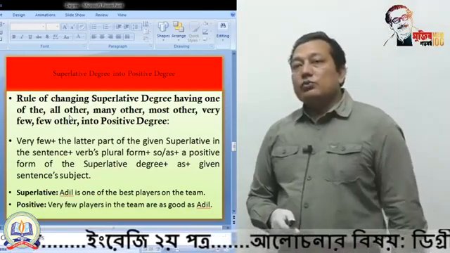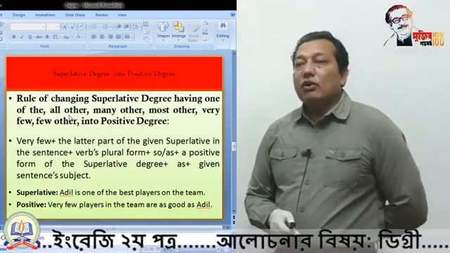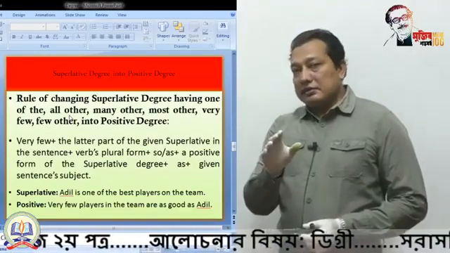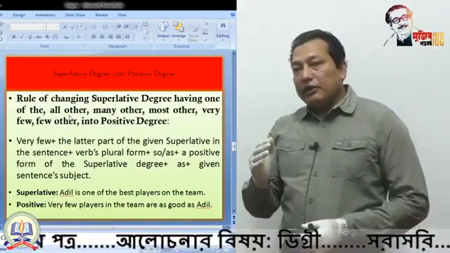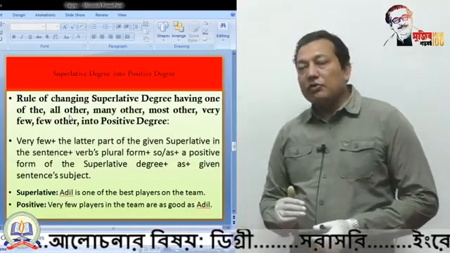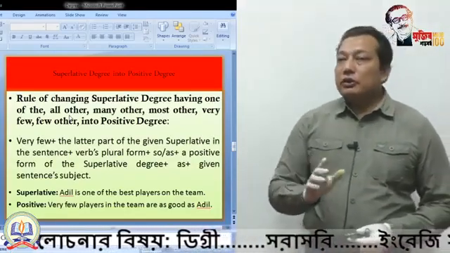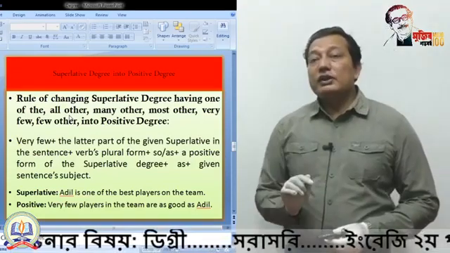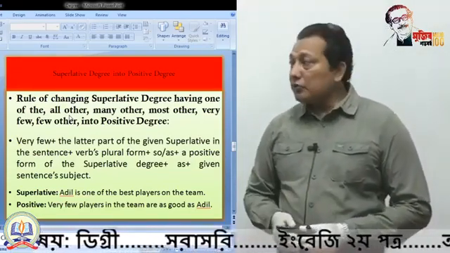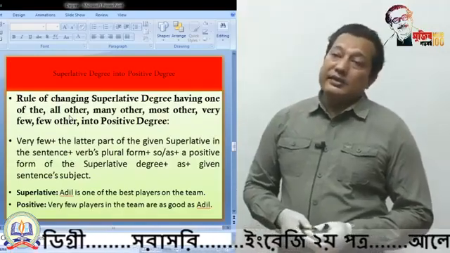Like Adil is one of the best players on the team. Here you are finding "one of the" in superlative form. Then if you transform this sentence into positive form, of course you have to use "very few," not "no other." Why? Because you have found here "one of the," and very few players in the team are as good as Adil, and of course you have to use the plural form of the verb.